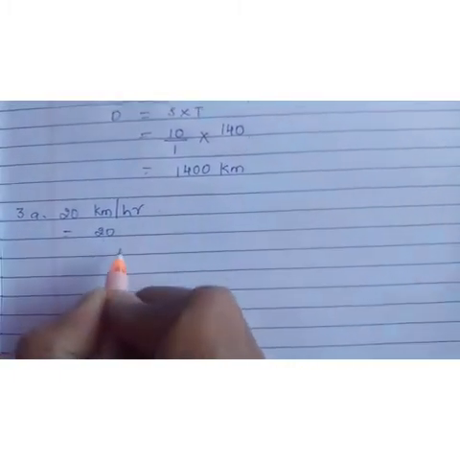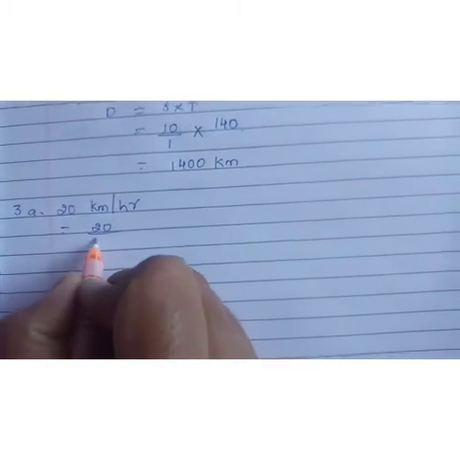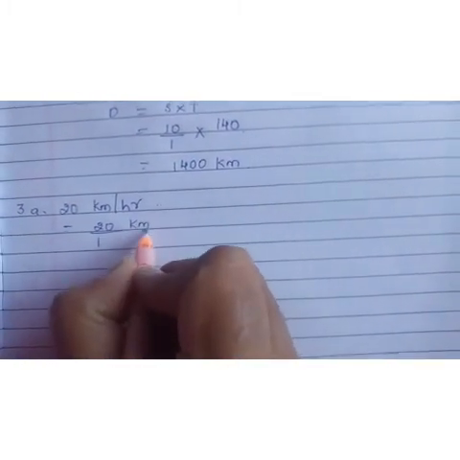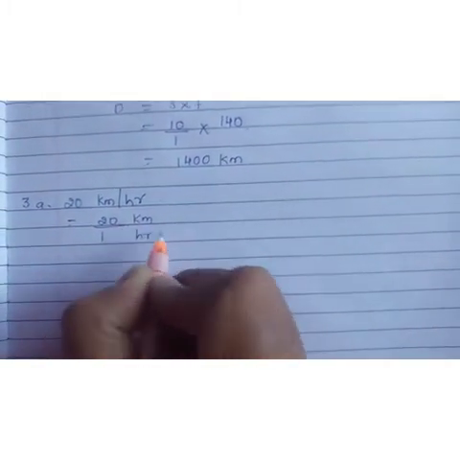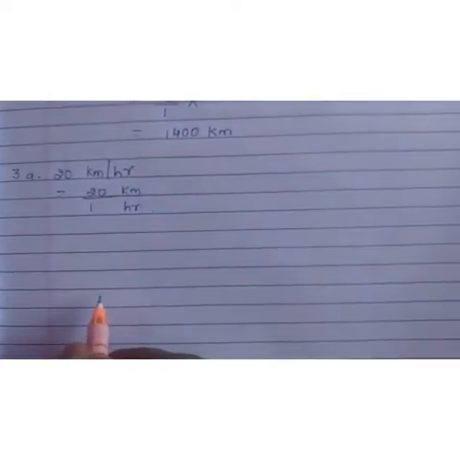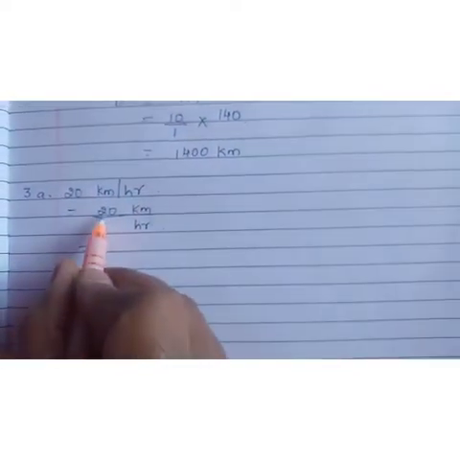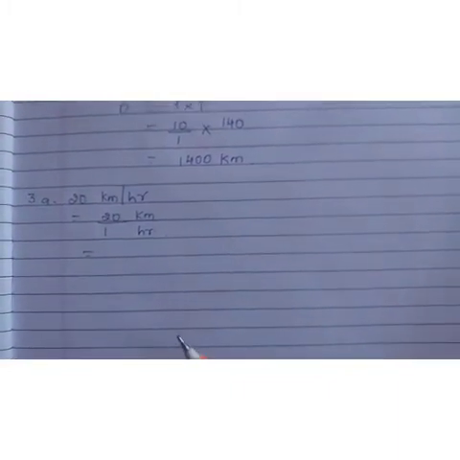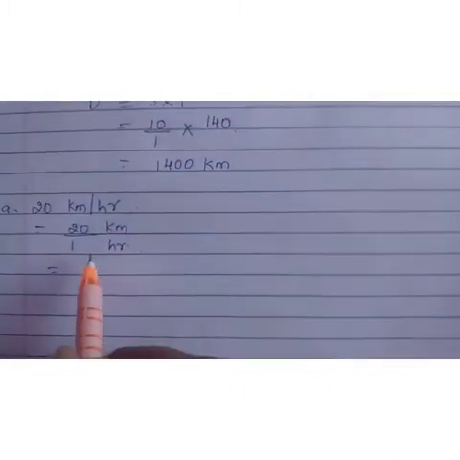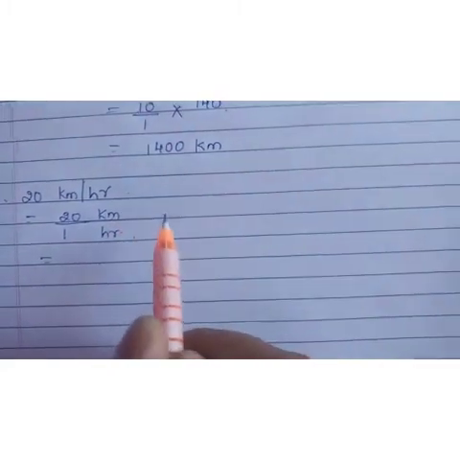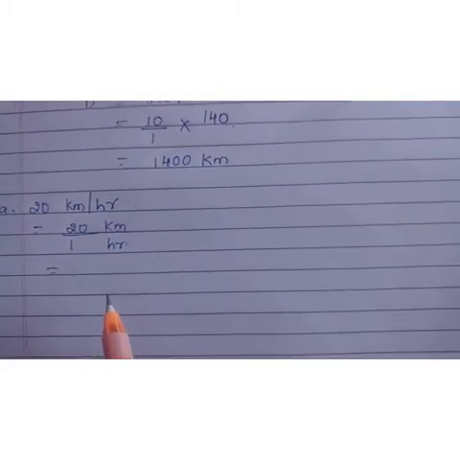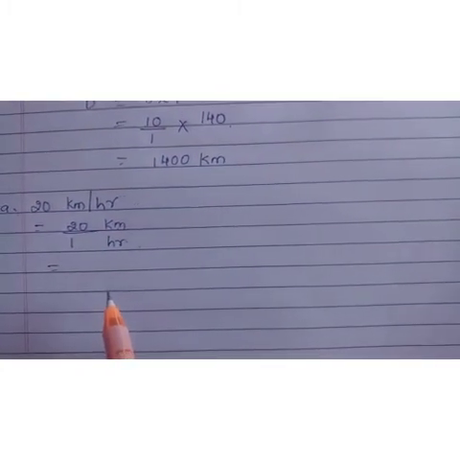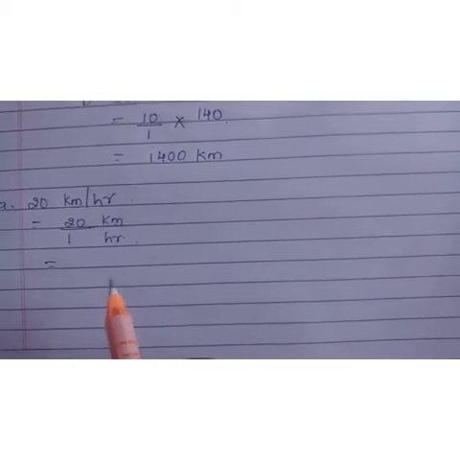20 kilometers per hour, that is for 1 hour. I am writing the units also. Now next step, for 1 kilometer how many meters do you have? As you have to convert to meters per minute, we have to convert kilometers into meters. You already know 1 kilometer is equal to 1000 meters.